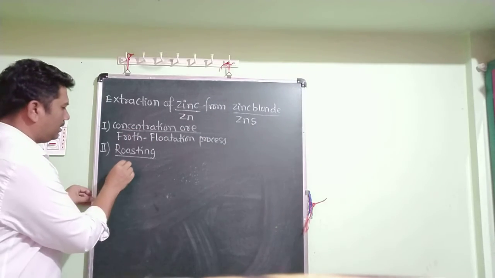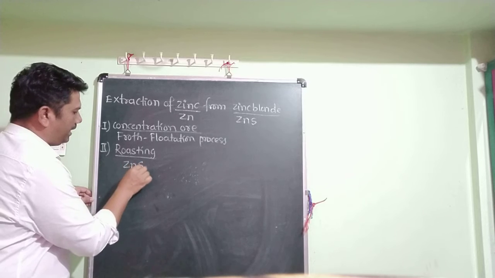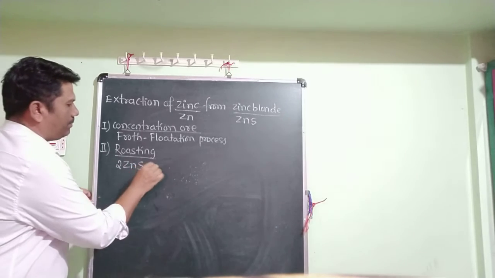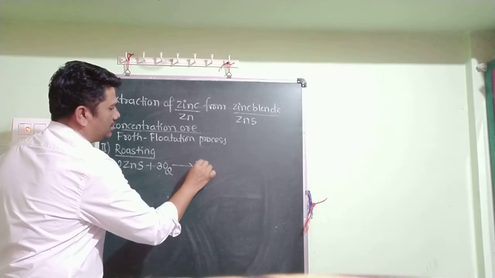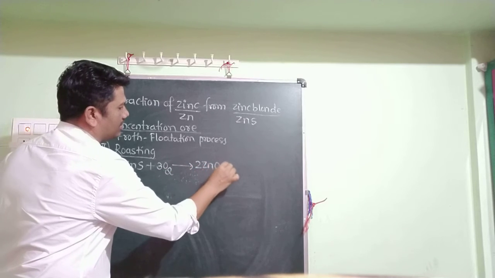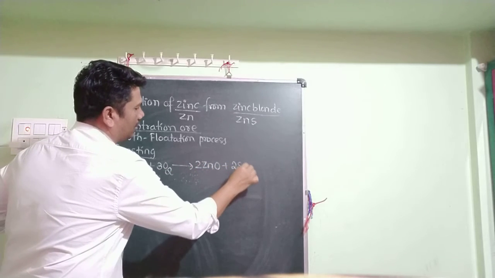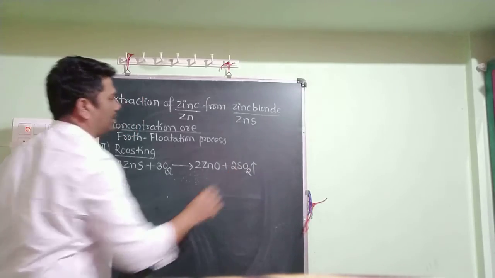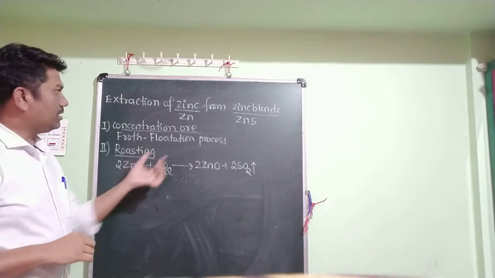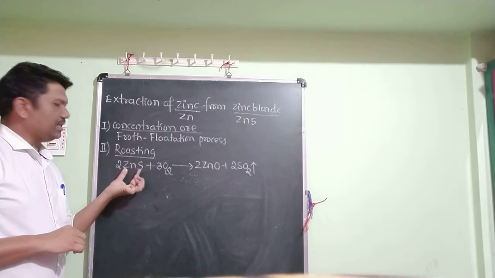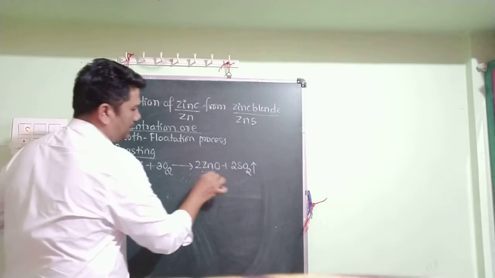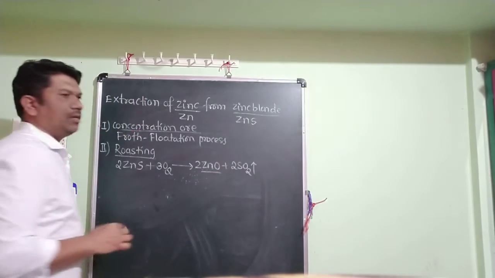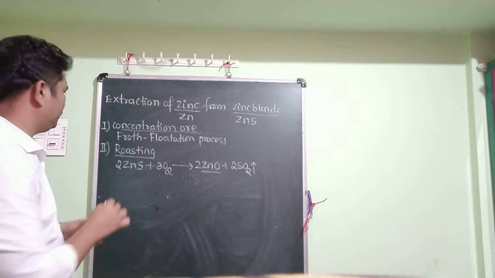During roasting, the zinc sulfide, the ZnS zinc blend, is converted to zinc oxide, that is metal oxide, and this is called step number 2, that is roasting.